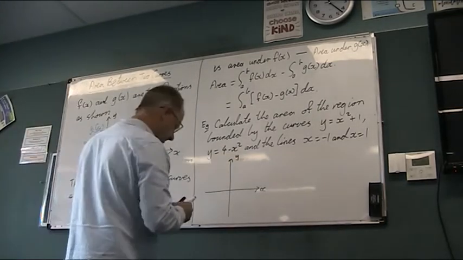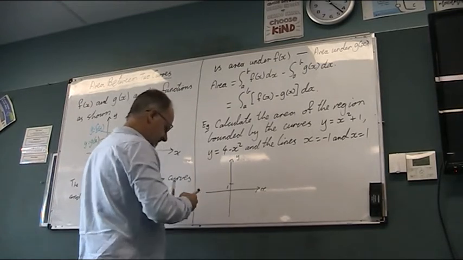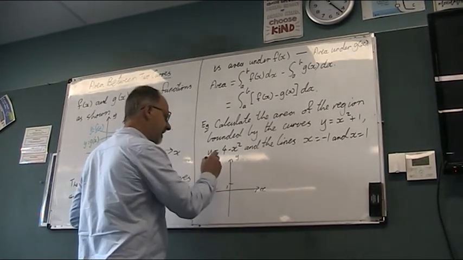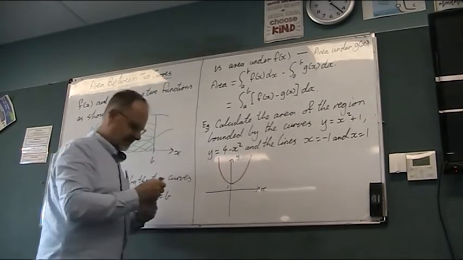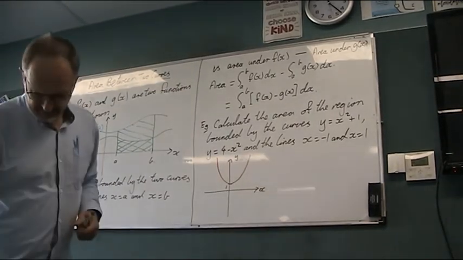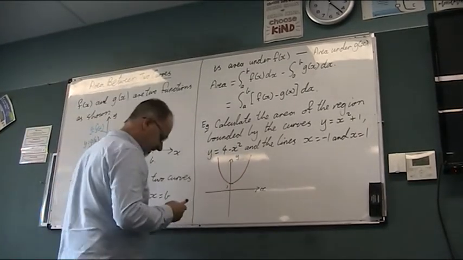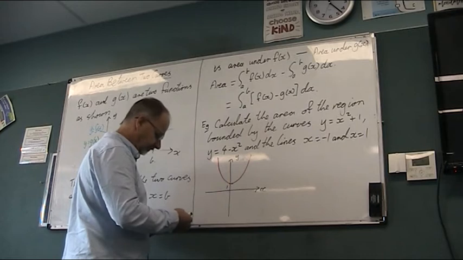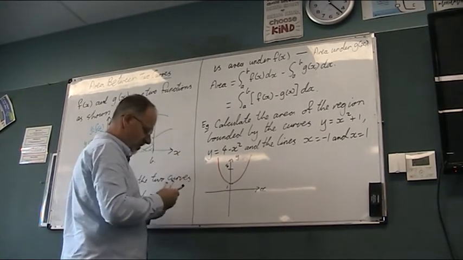So x squared plus 1 should be a parabola, and we're translated up 1. So that's like that. The other one is 4 minus x squared, so it's translated up 4 and inverted.